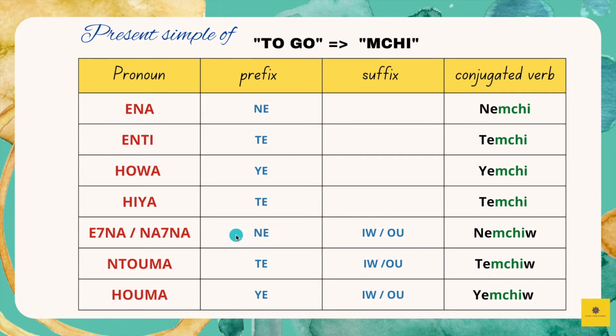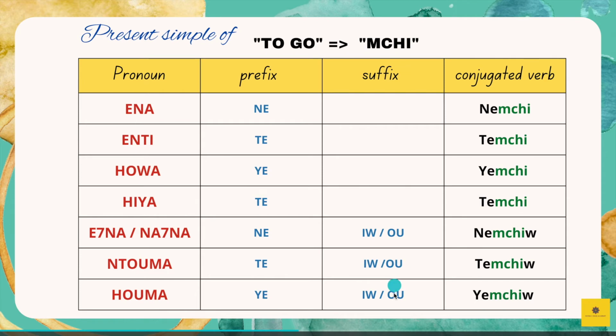The prefix of إحنا is ne, so we will say نمشي and then we add the suffix و: نمشيو. You will still be understood if you say نمشو, but the most correct way of saying it is نمشيو. نحن نمشيو. نتوما تمشيو. هما يمشيو.